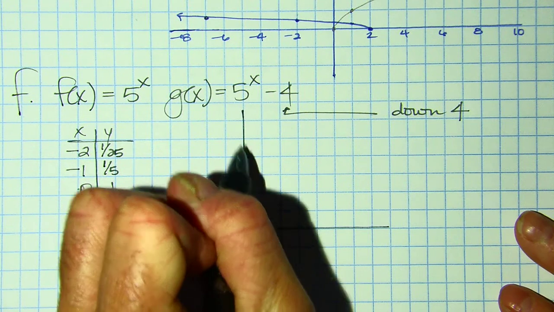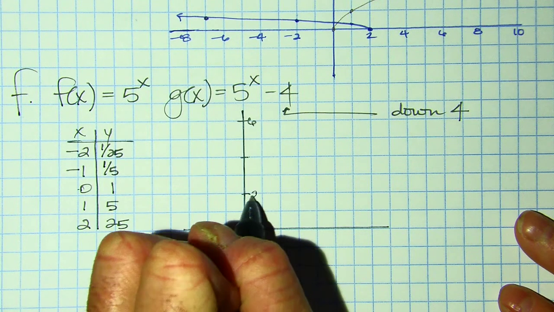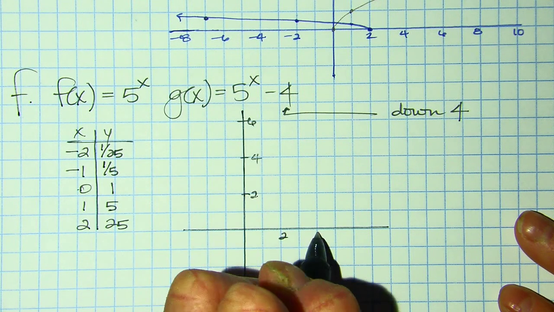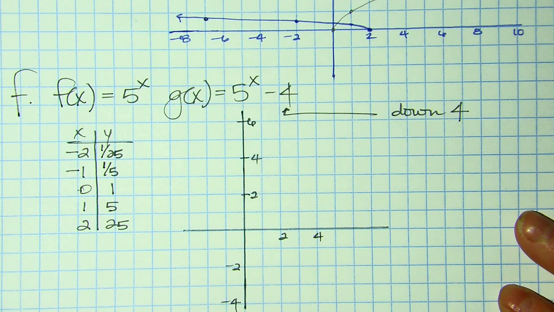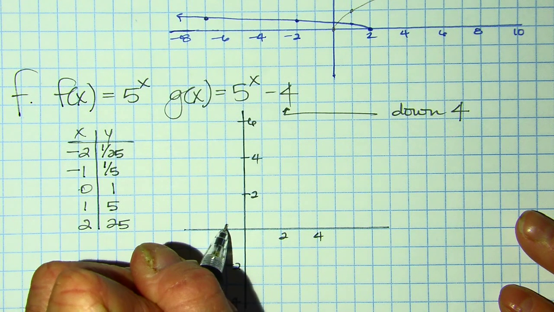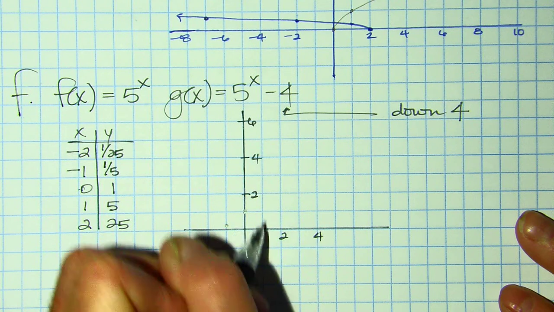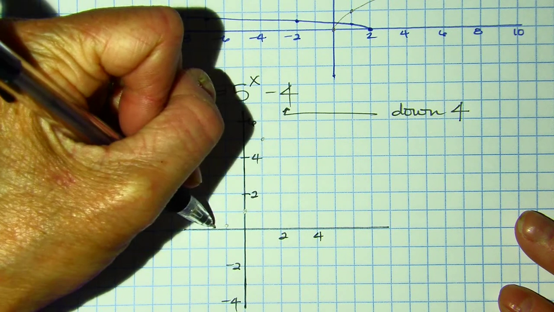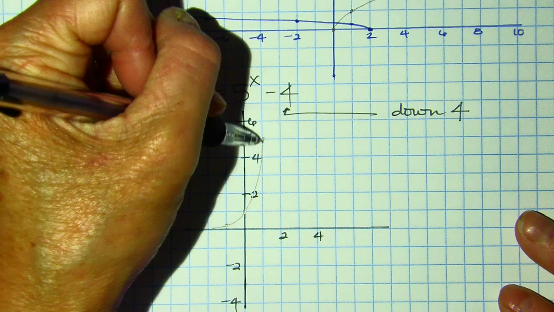So 2, 4, 6. 2, 4, -2, -4. So my parent function would be at -1 is 1/5, 0, 1, 1, 5. It's really all I have room for. This is an exponential graph.